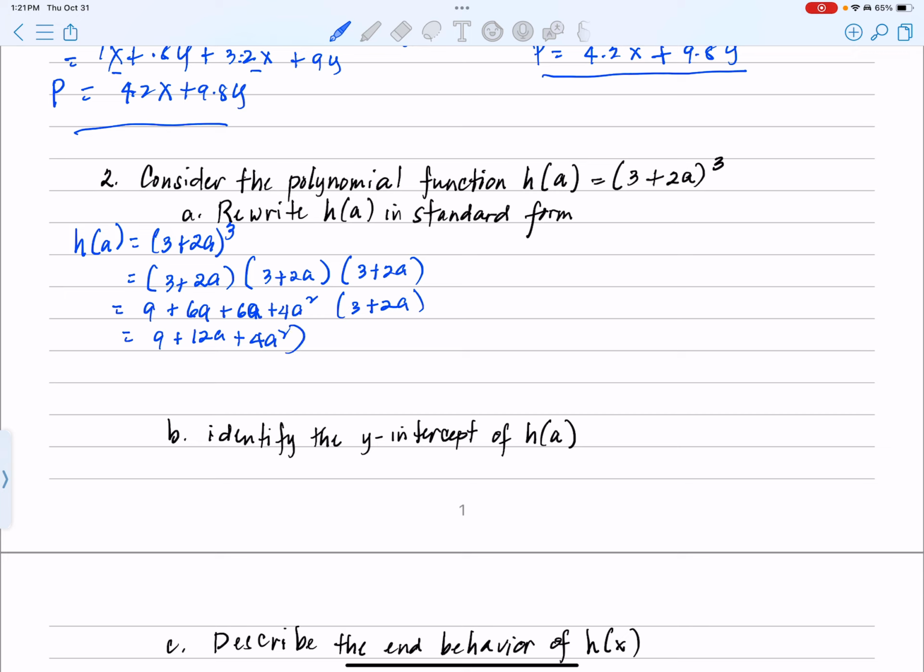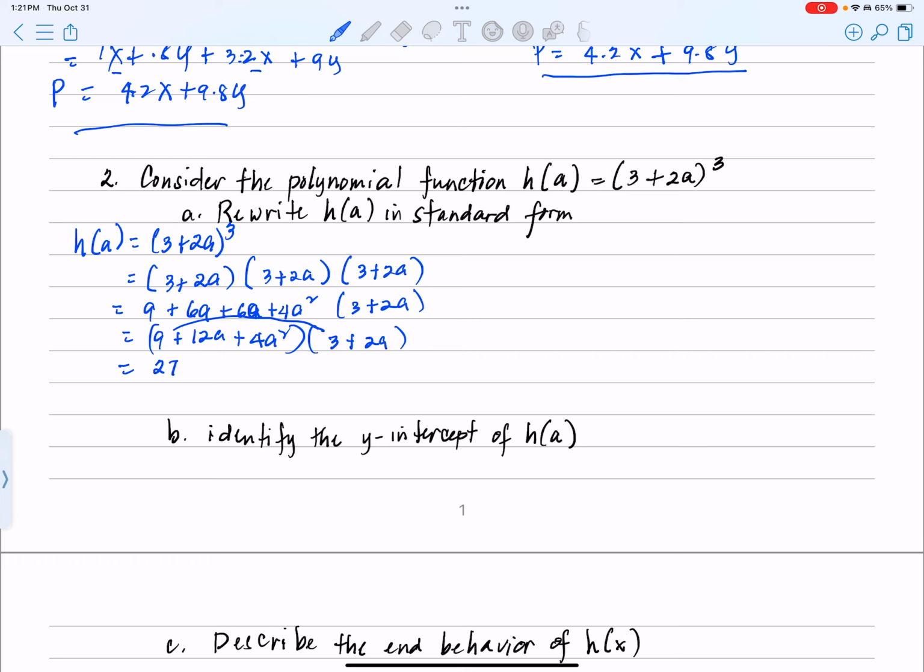Then that's the time you're going to do FOIL again. No. You do the distributive property. FOIL is for 2 binomials. So you can expand by multiplying each term again. Like 9 times 3, start with that. 9 times 3 is 27.